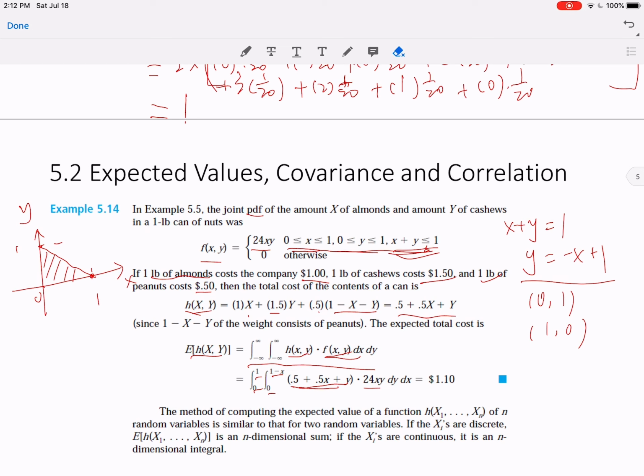Let me just clean it out and redraw it. So we get the coordinates here, 0, x, and y, and we get a 1 here, and a 1 here, and a straight line.